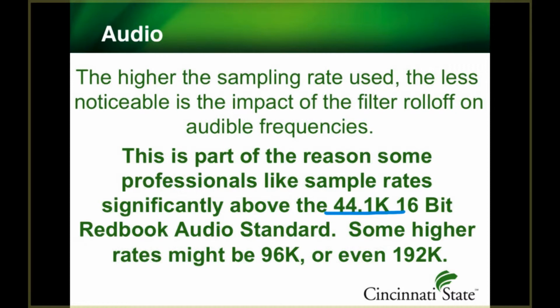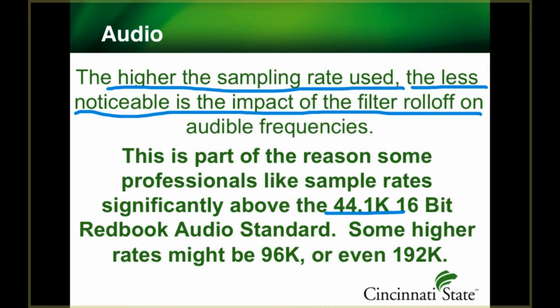The reason you do this is that the higher the sampling rate used, the less noticeable is the impact of the filter on those audible frequencies, because it gives your filter more room to roll those sounds off and not have the frequencies we're looking to work with interfere.